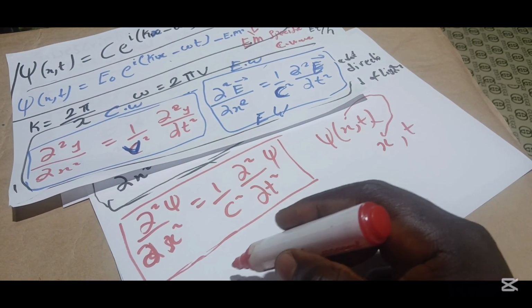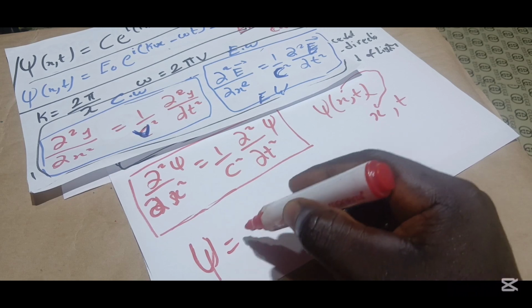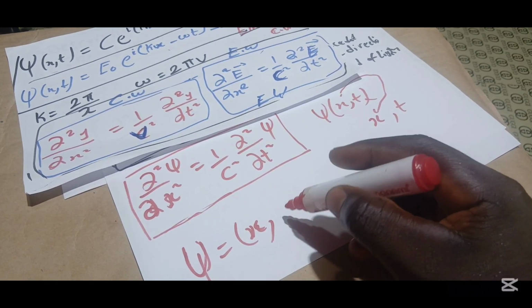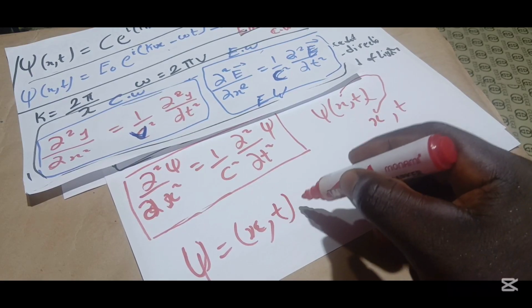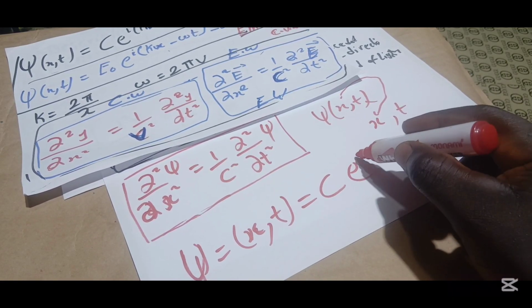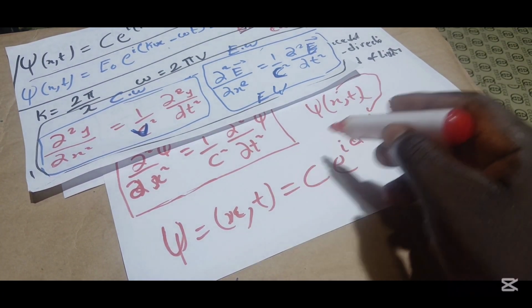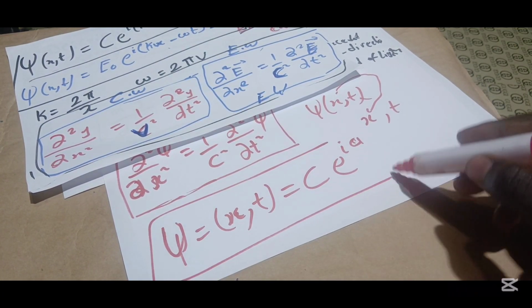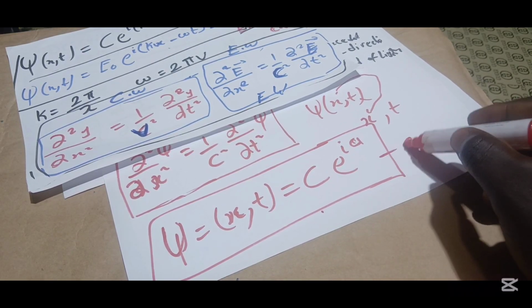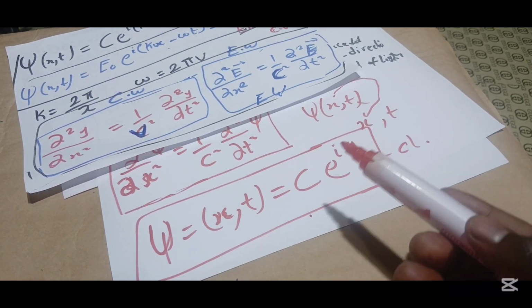And the general solution for this wave equation, because they have the same structure, we are talking about an electromagnetic wave here. Because they have the same structure, the general solution of the electromagnetic wave is this, and that of a traveling classical wave too also has the same general solution as this.